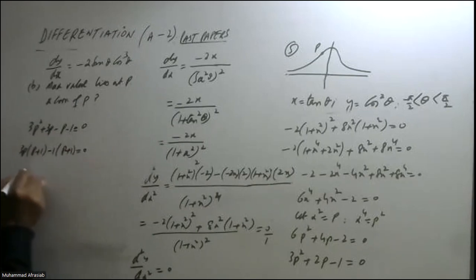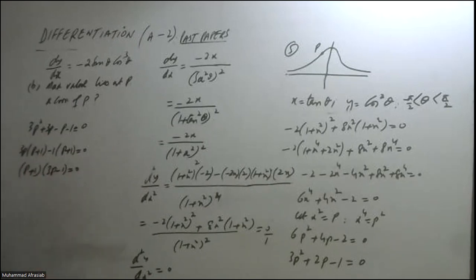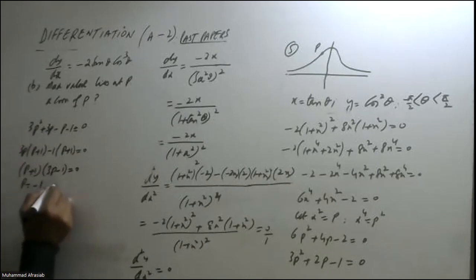So p plus 1 into 3p minus 1 equal to 0. So p is equal to minus 1 or 1 over 3.